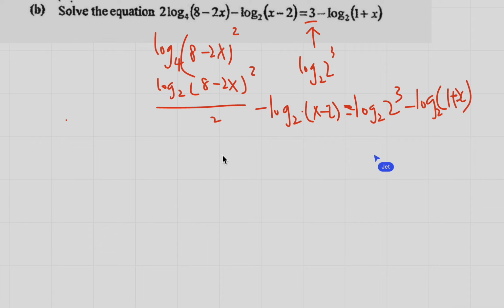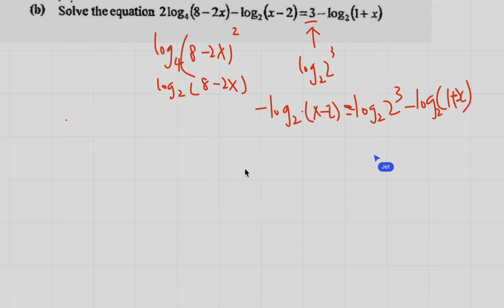Then you can bring down the power, the 2, to the front. Then your 2 and 2 cancel each other. So if you simplify, you end up with this.